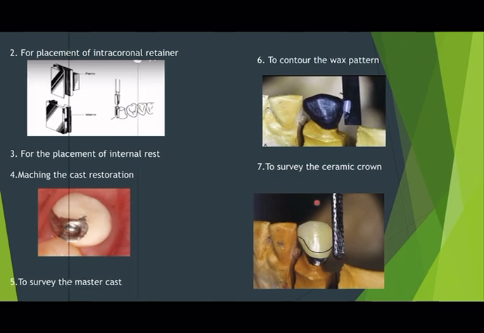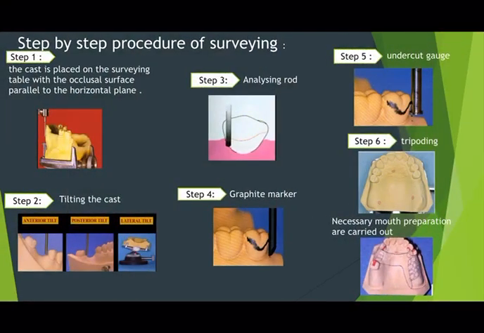So what are the procedures in surveying? Step 1. The cast is placed on the surveying table with the occlusal surface parallel to the horizontal plane, and the anterior part of the cast should always face towards the vertical arm. Step 2. Tilting the cast. The tilting can be anterior tilt, posterior tilt, or lateral tilt.